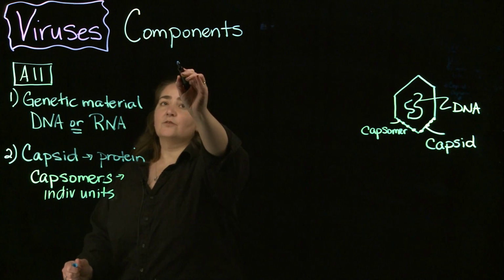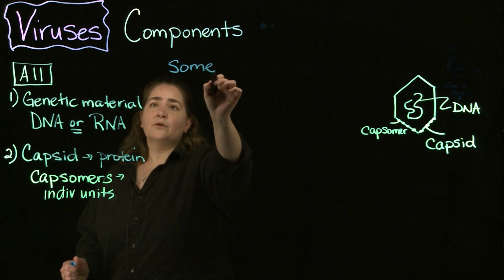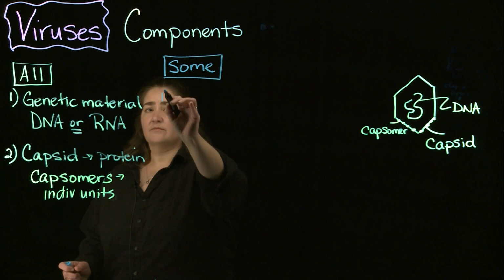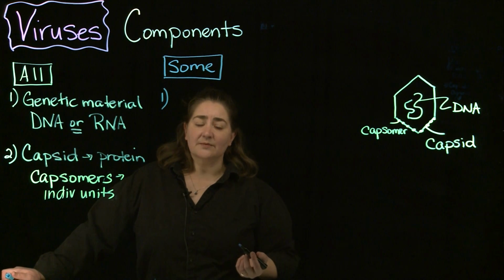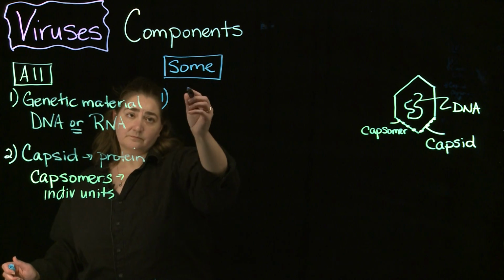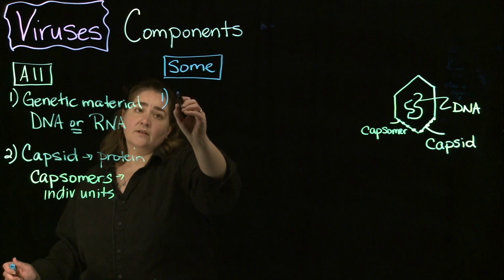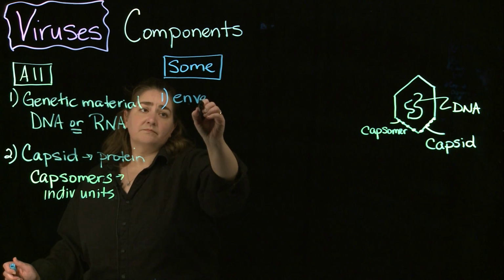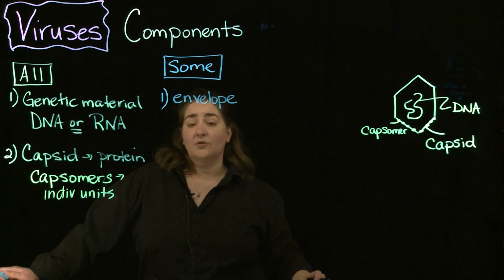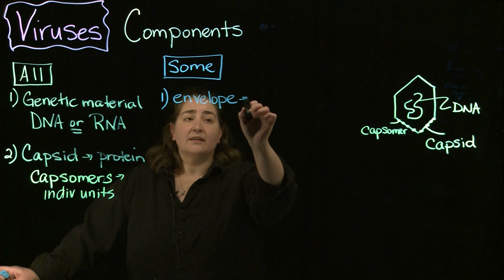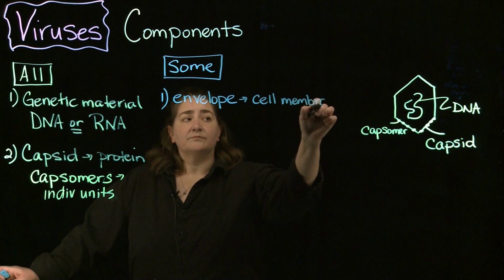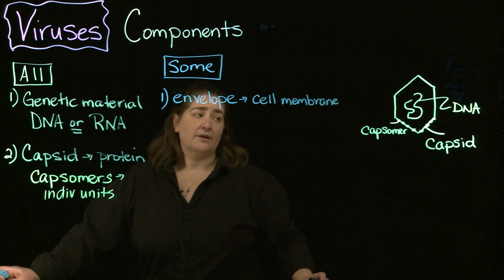Now there are components that will be present in some viruses, but not all. Again, viruses are relatively simple, so we don't have a whole lot of components here for you to memorize. Some viruses are going to be what's known as enveloped viruses, which means there's a cell membrane surrounding that virus.